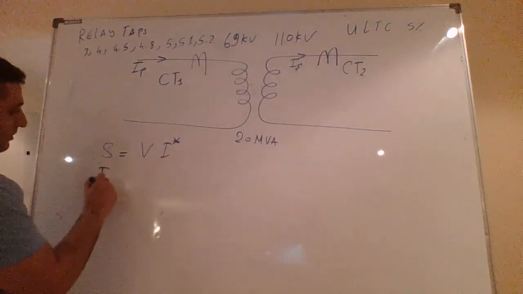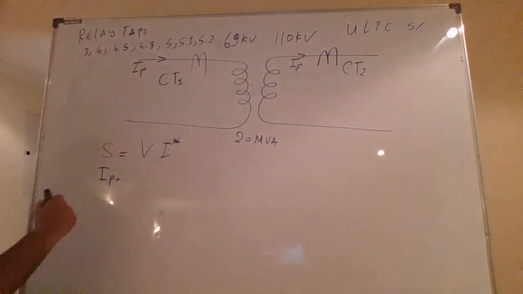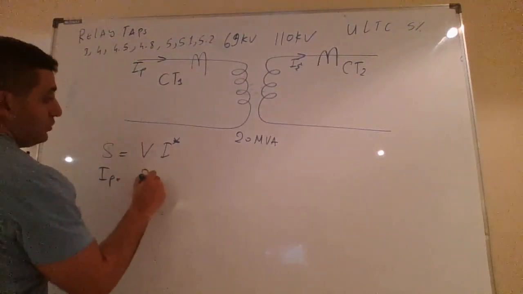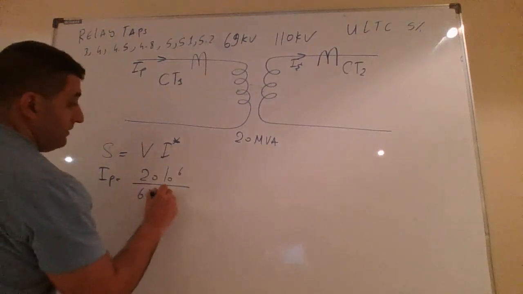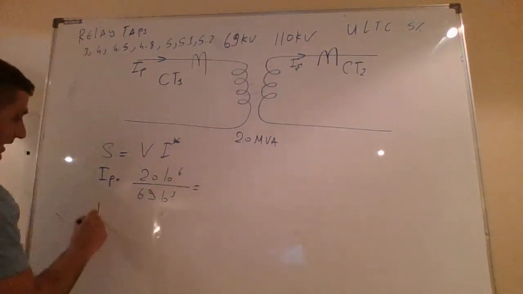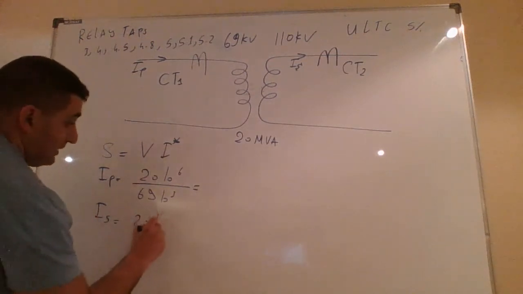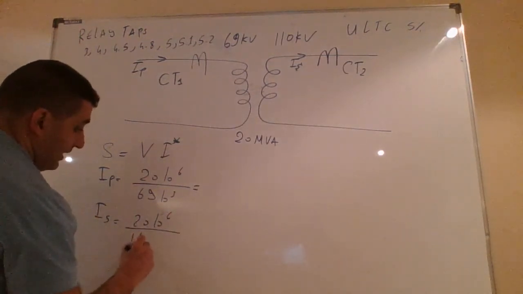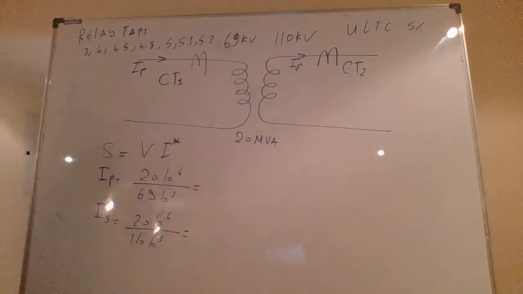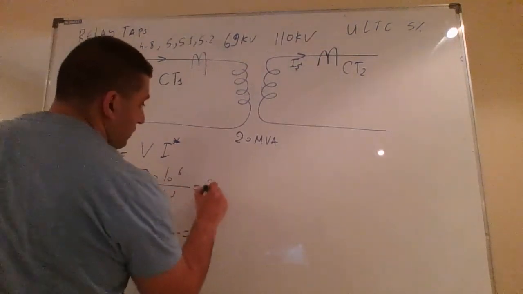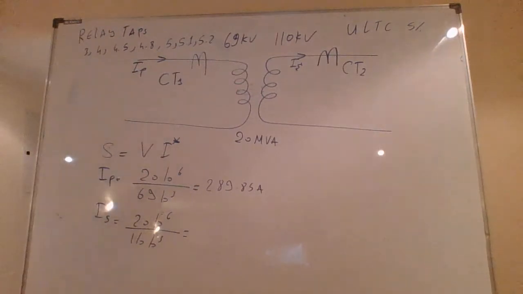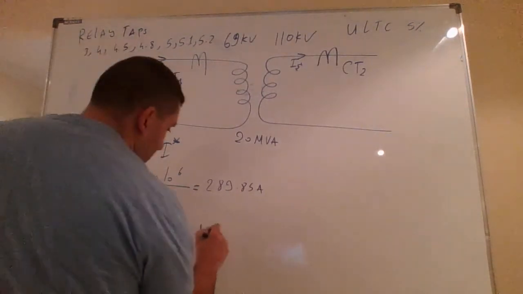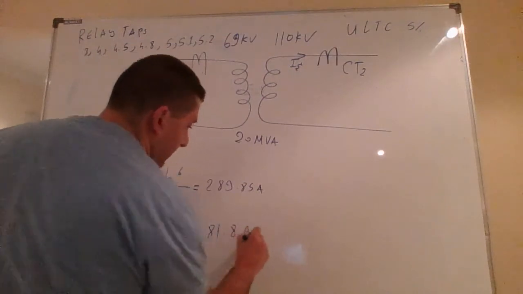So I primary will be equal to S, which is 20 times 10 to the 6 divided by 69 times 10 to the 3, and the secondary current will be equal to 20 times 10 to the 6 divided by 110 times 10 to the 3. So the primary current will be 289.85 amps, and the secondary current will be 181.8 amps.